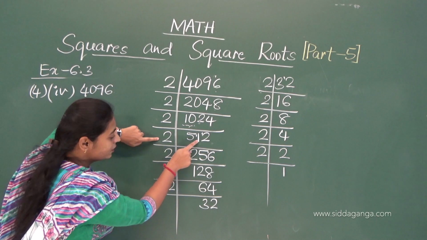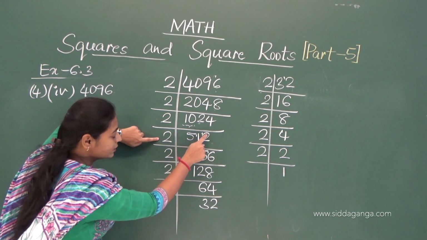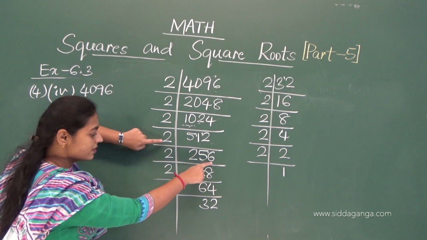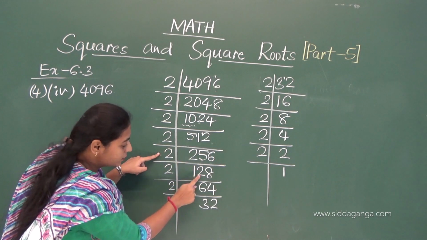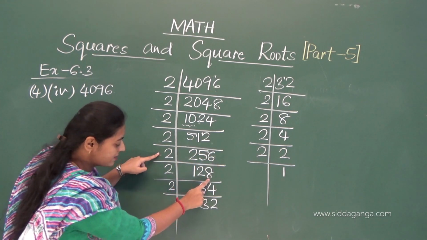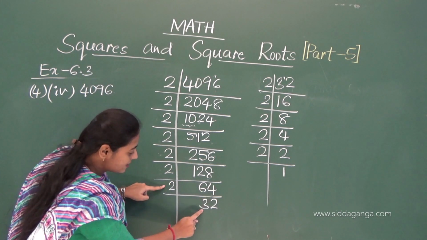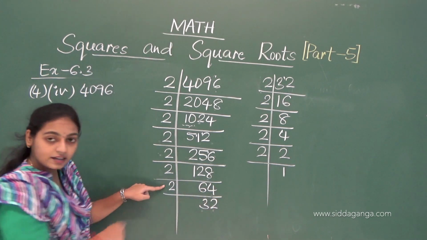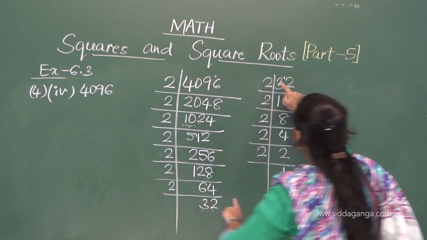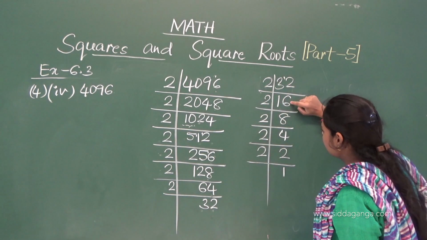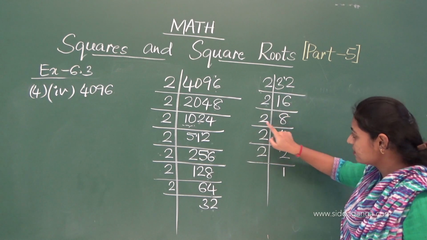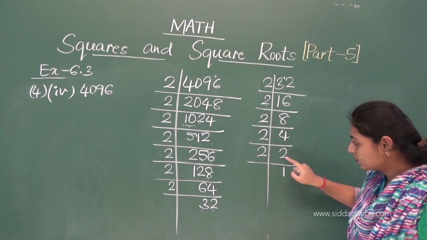Next 2 6s are 12, 2 1s are 2, 2 2s are 4, 16, 2 8s are 16, 2 6s are 12, 2 4s are 8, 2 3s are 6, 2 2s are 4. Next 32, 2 1s are 2, next 12, 2 6s are 12.